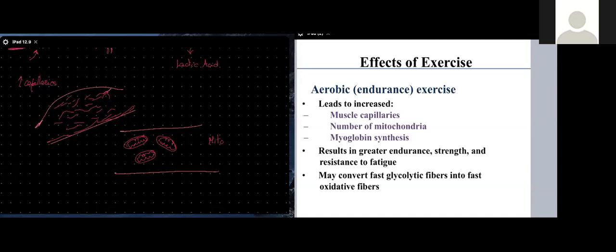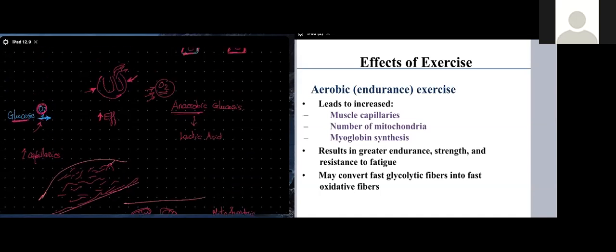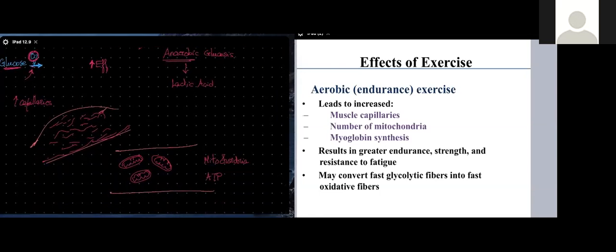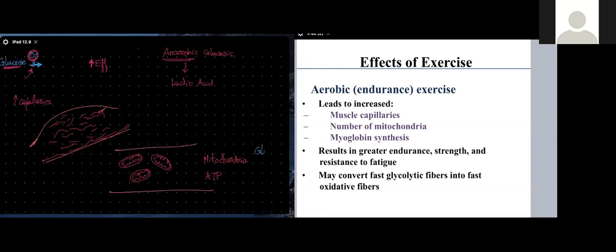Mitochondria is the place for the production of ATP, and this is actually the place where this reaction takes place. You're going to be breaking down the glucose in the presence of oxygen inside the mitochondria. So you're going to be building up more mitochondria in the muscle cells to break down the glucose in the presence of, again, oxygen.